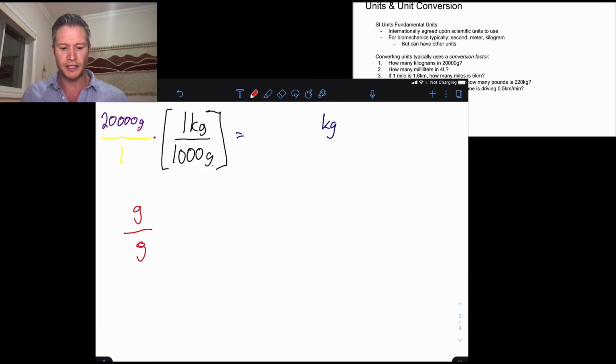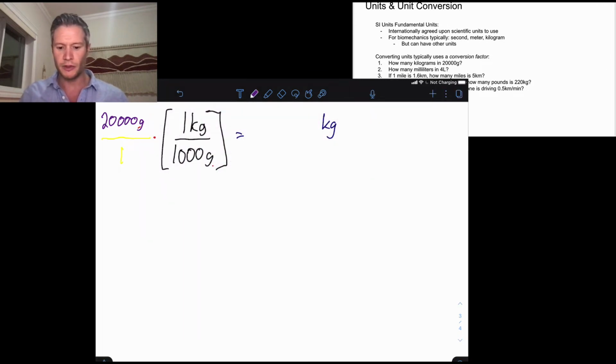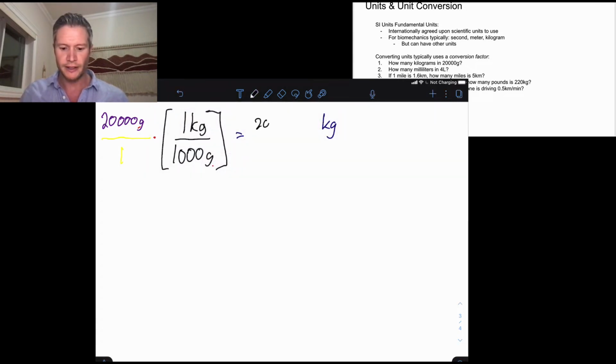I can see that because once I go to collect all my terms across, this is going to happen. Let's do this. If we were to multiply all this together and write it all together, it's going to look something like 20,000 and then, with just the numbers again, times 1, all over invisible 1 times 1,000, which is just 1,000.